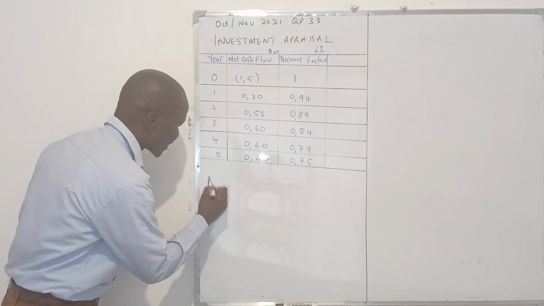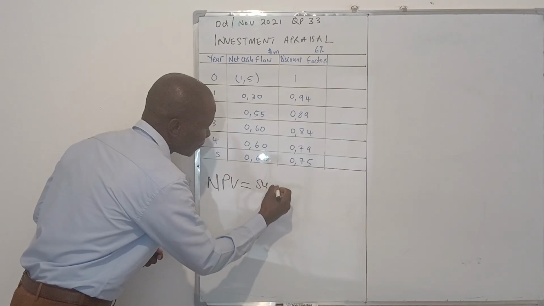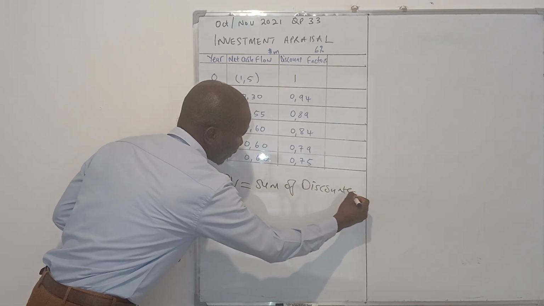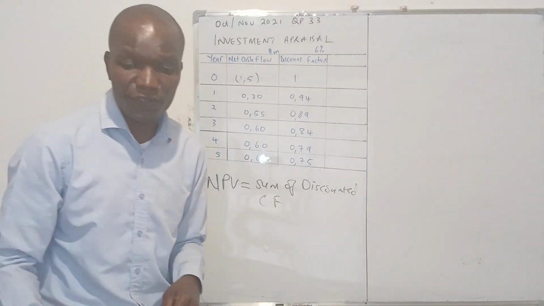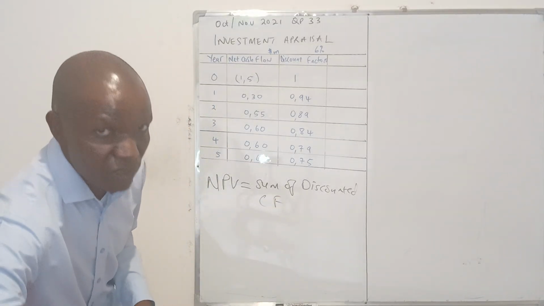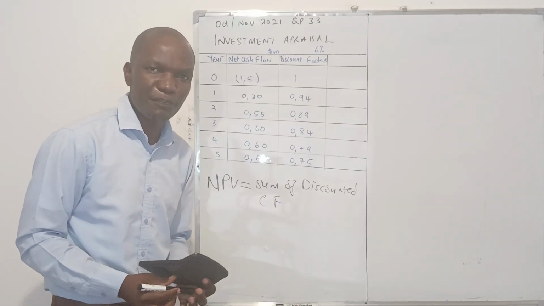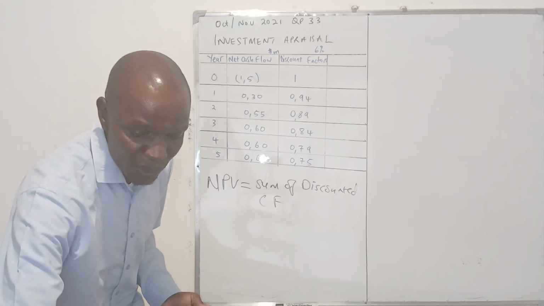First of all, I want you to know that NPV is the sum of discounted cash flows. Calculating the NPV is very simple, very easy. You are simply going to be discounting the cash flows. How do we discount the cash flows?